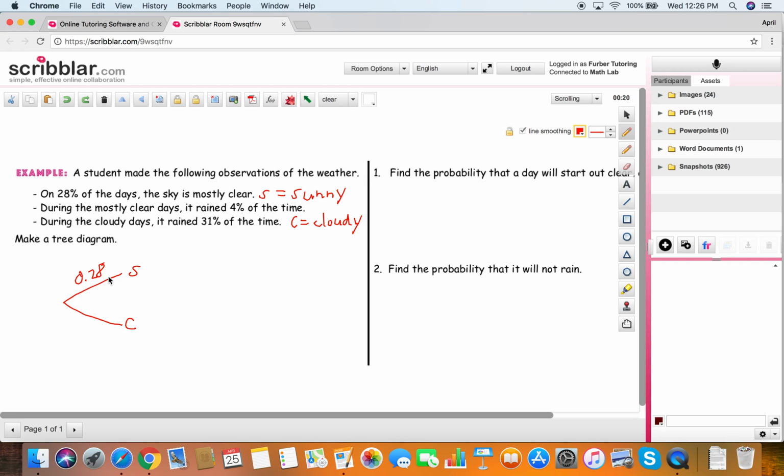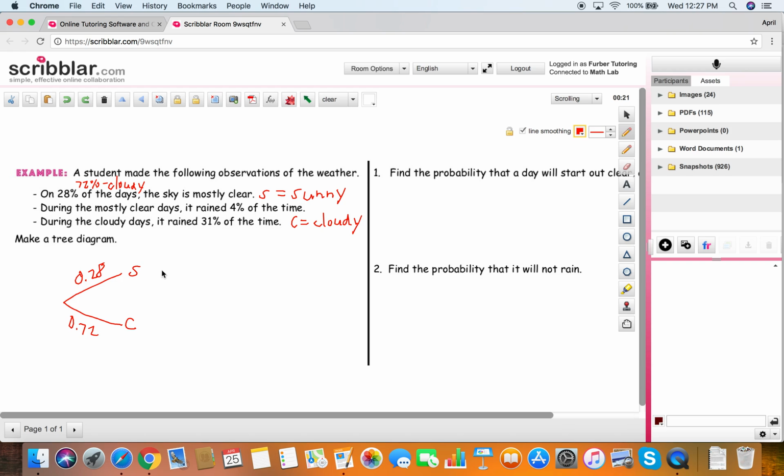So if you do 100 minus 28, that gives you 72. So this essentially means that 72% then are cloudy. Maybe they live in Seattle. 0.72. Okay, so 28% of the days are sunny, 72% are cloudy.